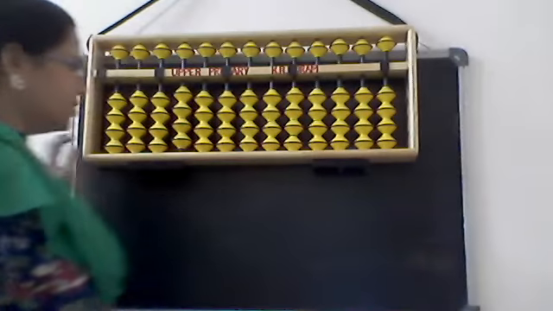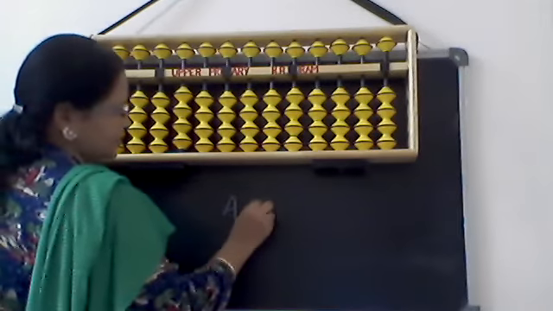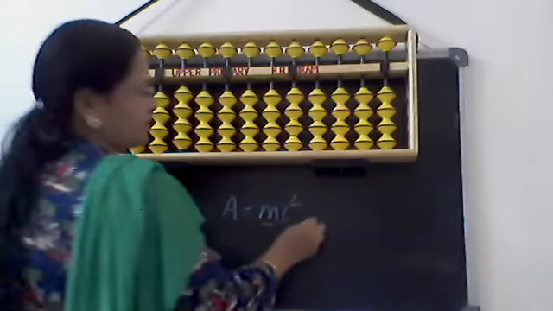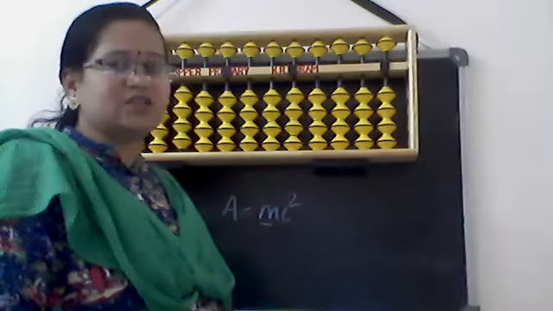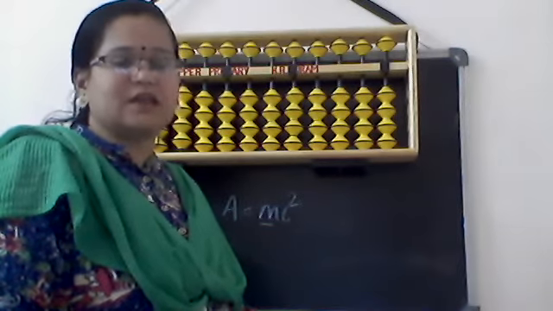And now we are going to learn more about it. You know what abacus is? Abacus is A equal to MC square. More than calculation and counting. We all know that abacus is helpful for us in many ways. We can do quick calculation.